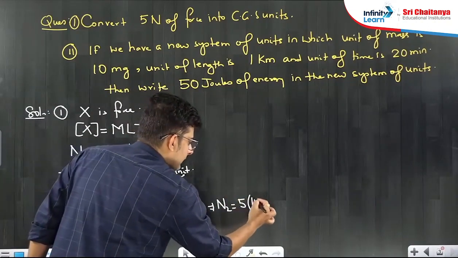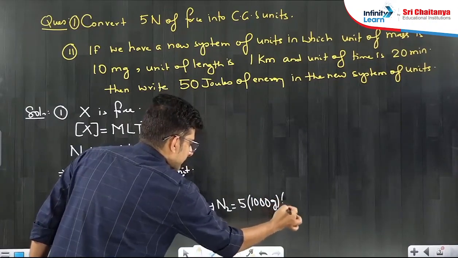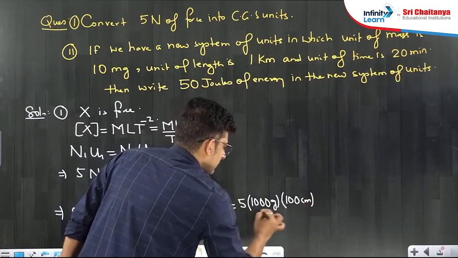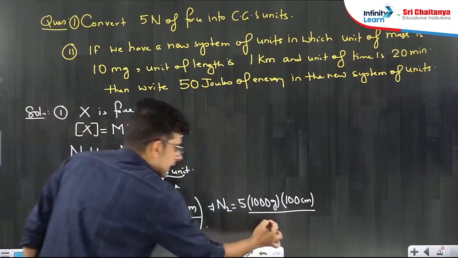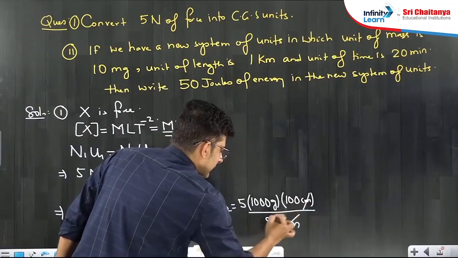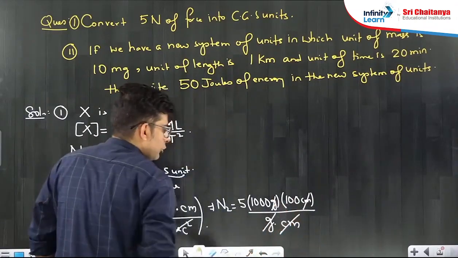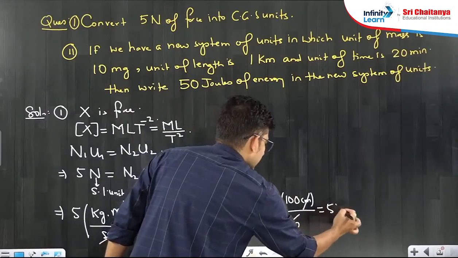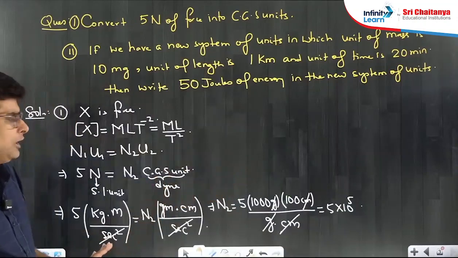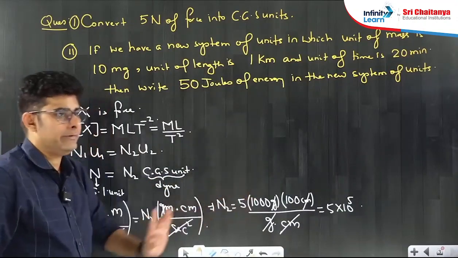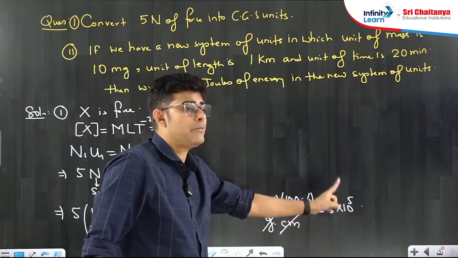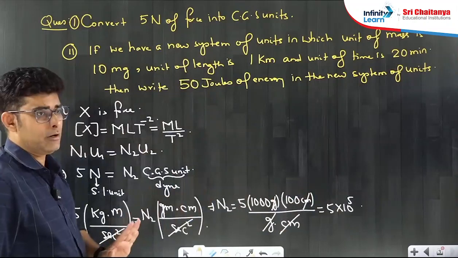Kg can be written as 1000 grams, and meter can be written as 100 centimeter. Here you have gram, centimeter, so centimeter cancels, gram cancels. You get 5 into 10 to the power 5, which I was telling you that you could have directly answered. So 5 Newton of force is equal to 5 into 10 to the power 5 CGS units of force.